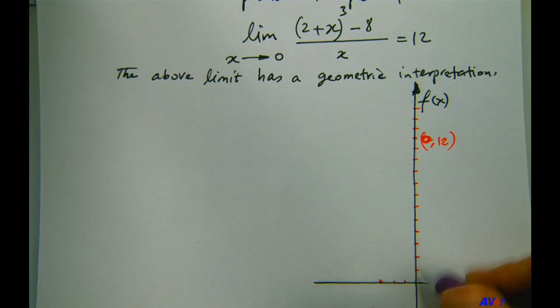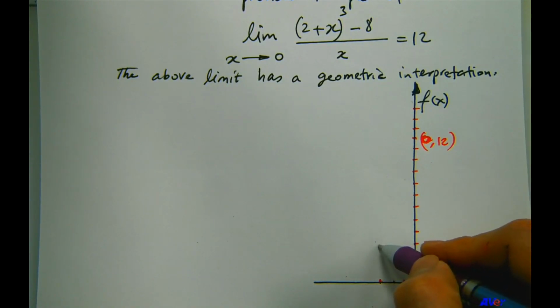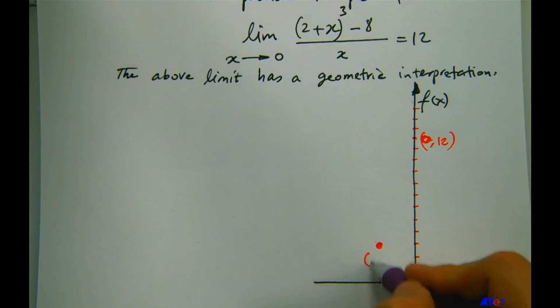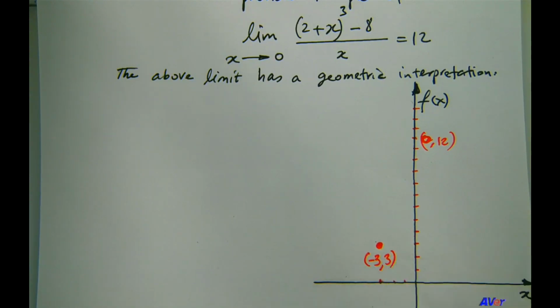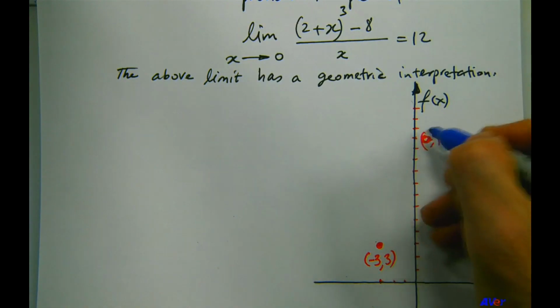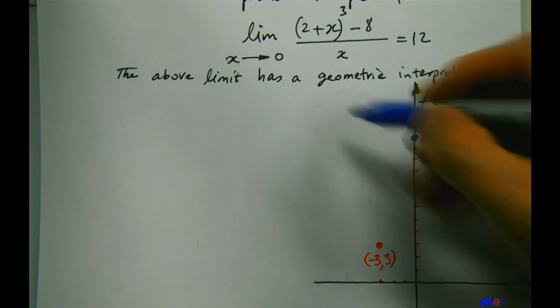So if we graph this function, roughly, it'll be, and this is the point -3, 3. I'll try to draw this as smooth as I can. And so that's 0, 12.